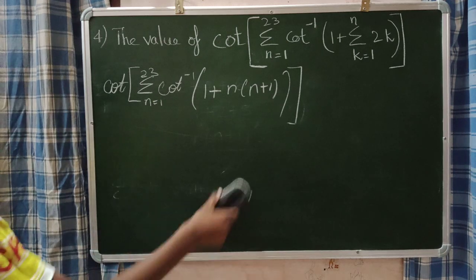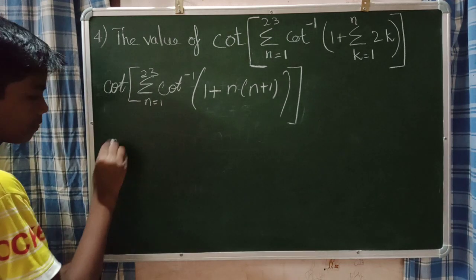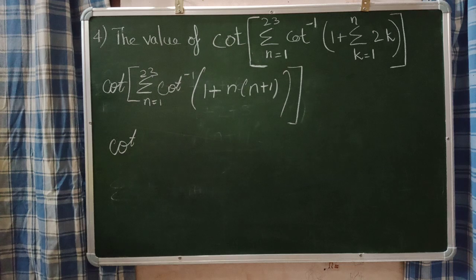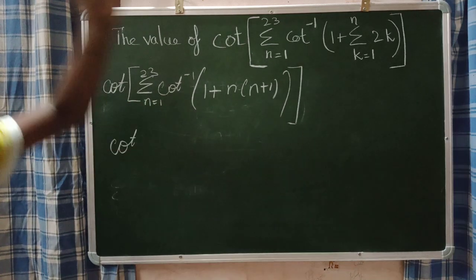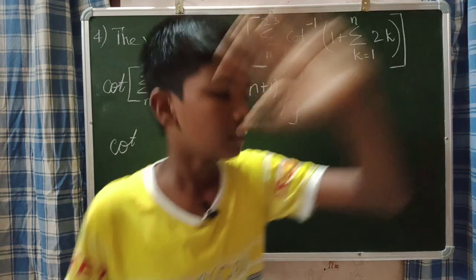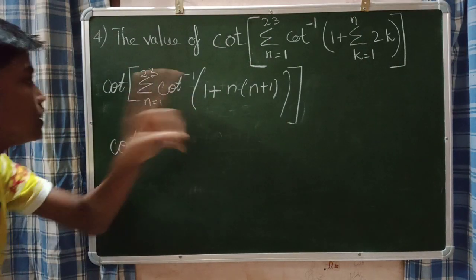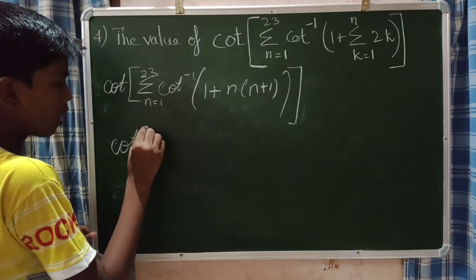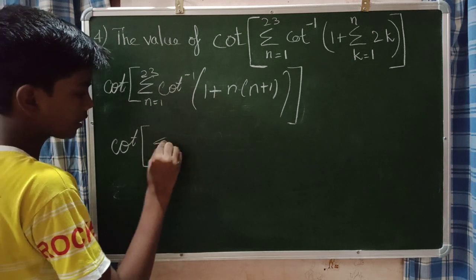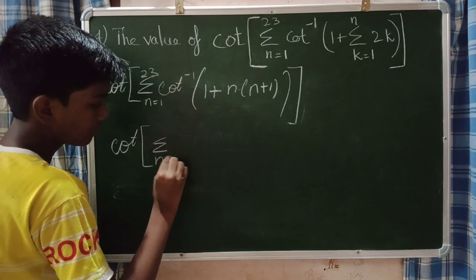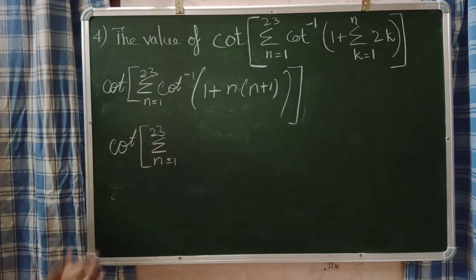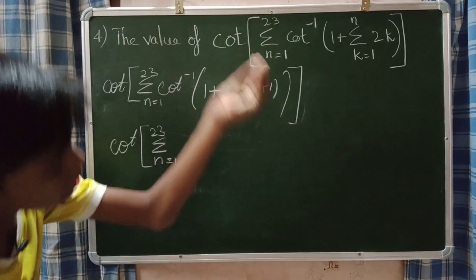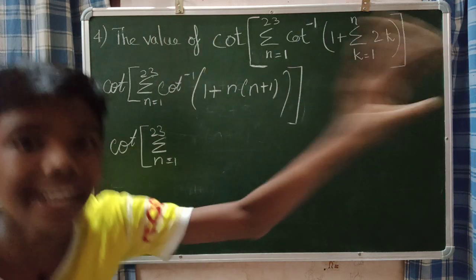Our next step should be cot of. Now see this, guys. I'm going to convert this cot inverse in terms of tan inverse. The summation of n equal to 1 to 23, and cot inverse of 1 plus n into n plus 1 becomes tan inverse.